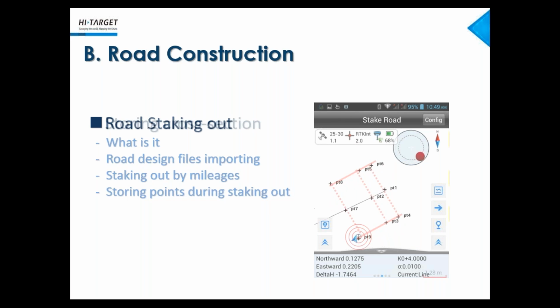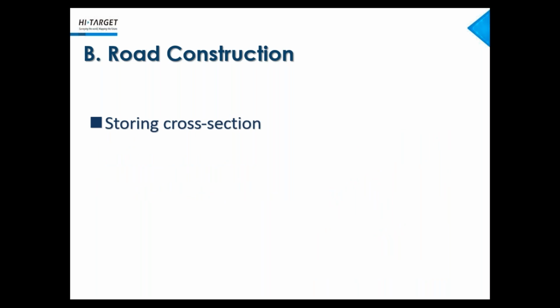So another function is for storing cross section, because during the road construction, no matter you dig or fill, after that you need to store the cross section again to check how much you have to fill, how much you have to cut. So this function is very useful.